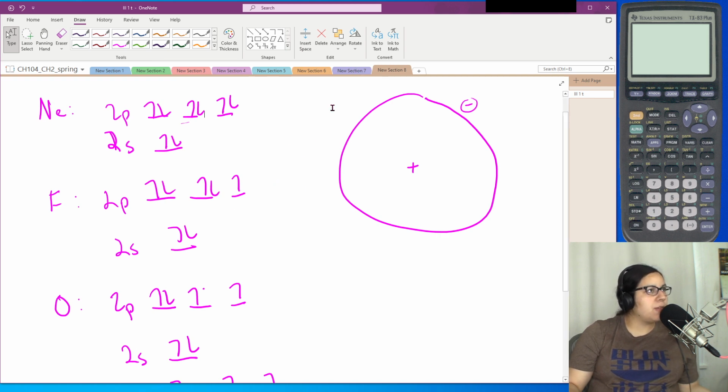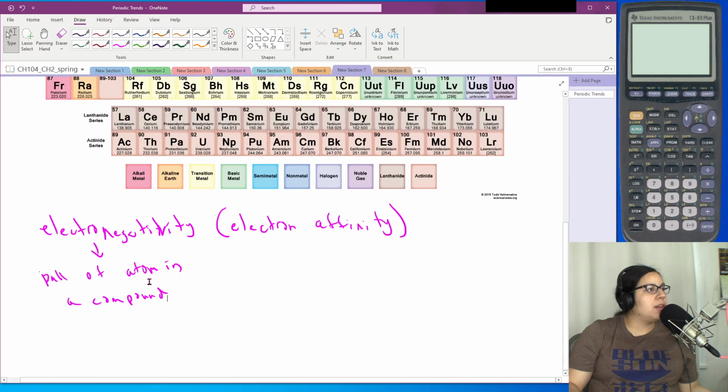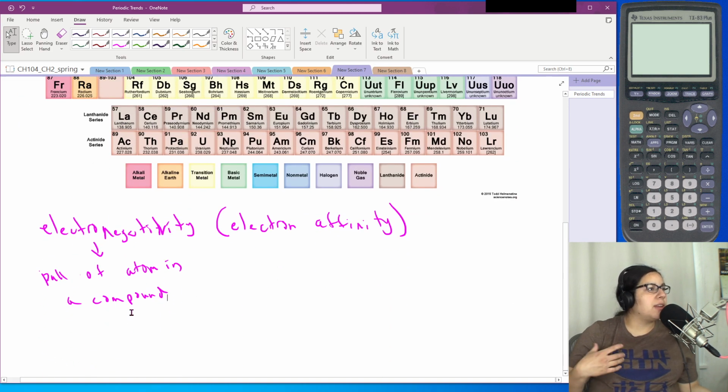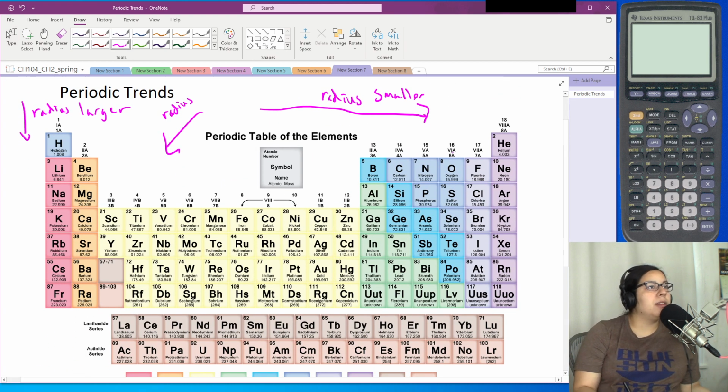And so this means that fluorine has the highest electronegativity. So what we find is in an atom, right, fluorine is pulling a lot. So it's pulling that electron density towards it because it wants that octet really badly. So fluorine is most electronegative.